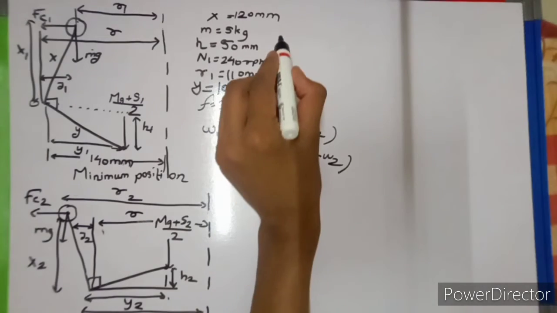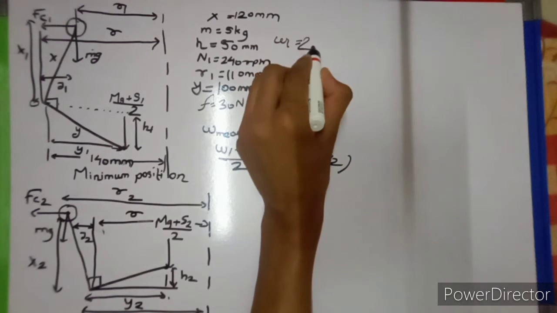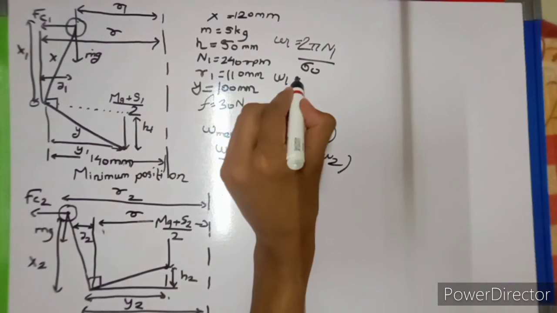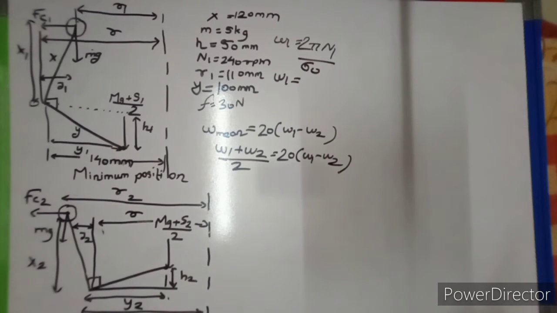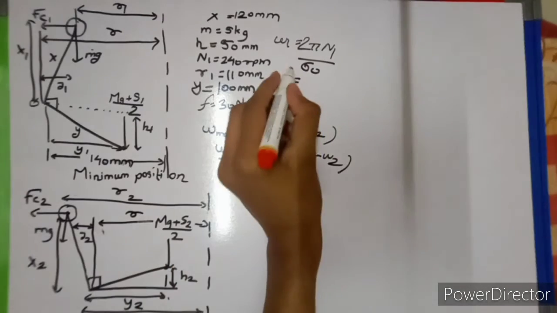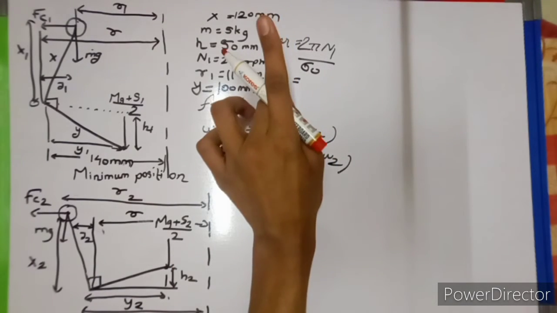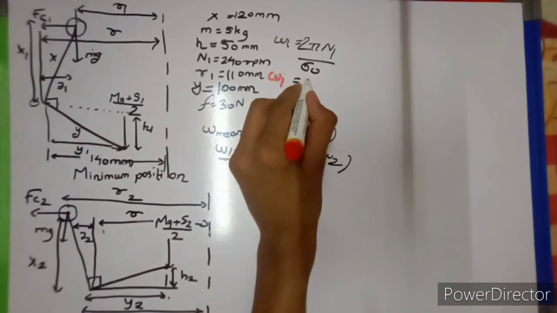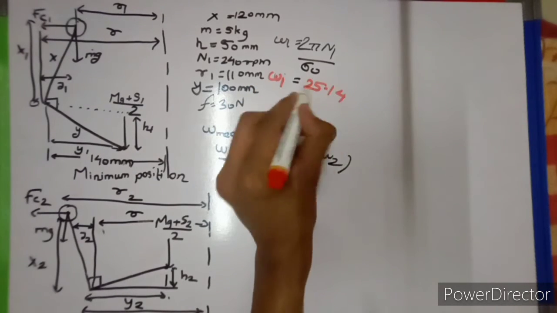What is omega 1? Omega 1 is equal to 2 pi N1 by 60. Substitute the value and get the answer. Omega 1 is equal to 25.14 radian per second.